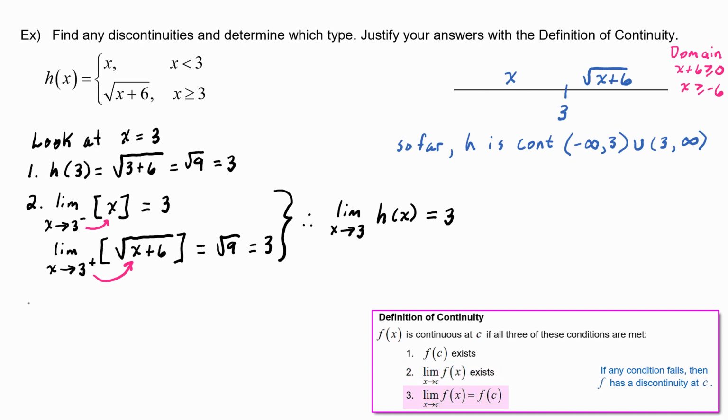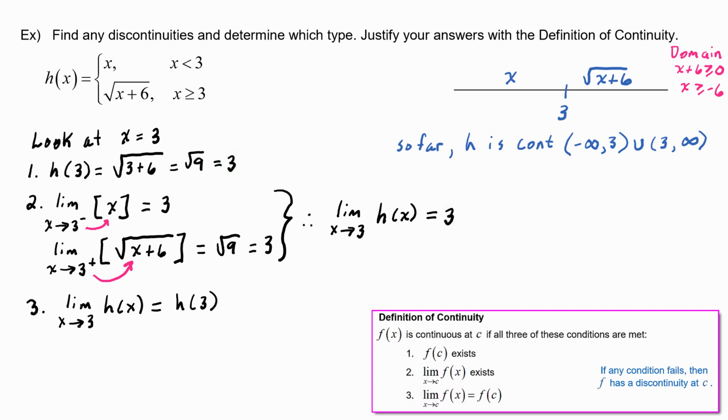Then we go on to step 3, which says that the limit value needs to equal the function value. We know that the limit is equal to 3. The function value is equal to 3. So we have that the limit as x approaches 3 of h of x equals h of 3.